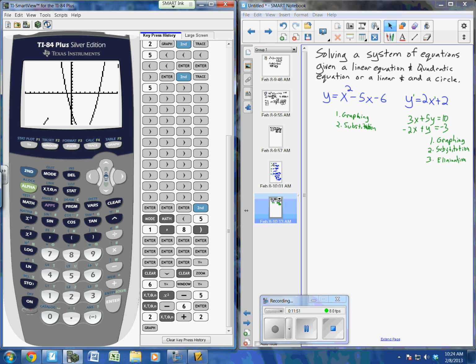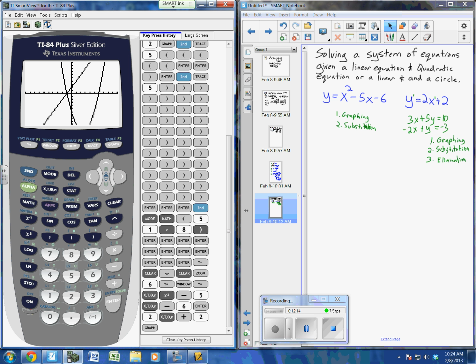We have a parabola and a line. Now, what is it we're looking for to find a solution here? Where they intersect. How many times do these two things intersect? Twice. We can see one of them right here, right? How do you find the other one?